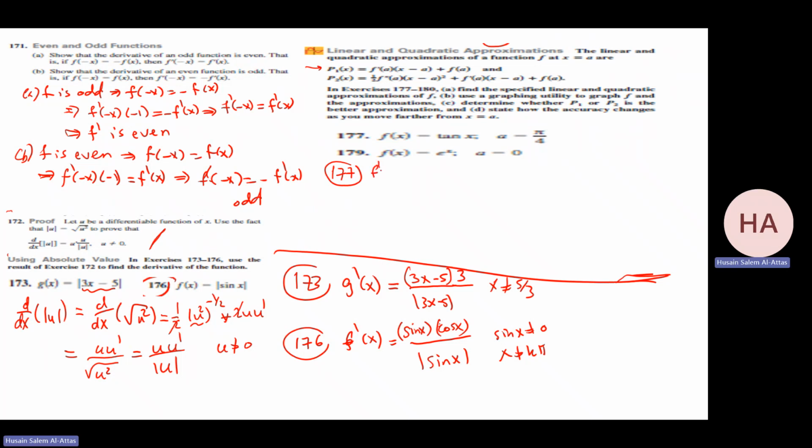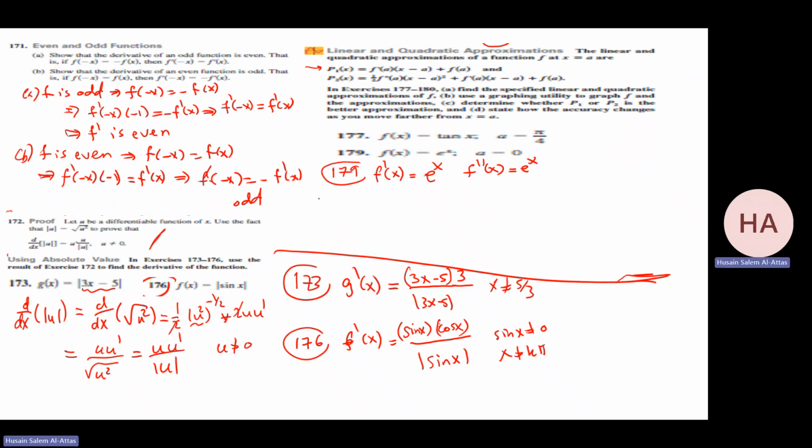I need to find f prime, which equals e to the power x, and I need also f double prime, which is the same, e to the power x.